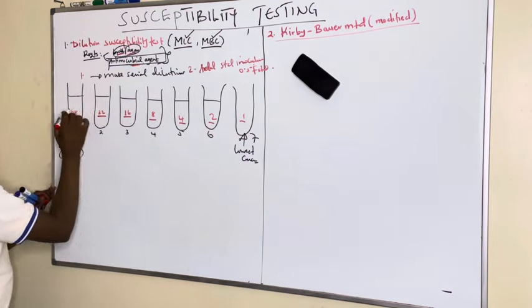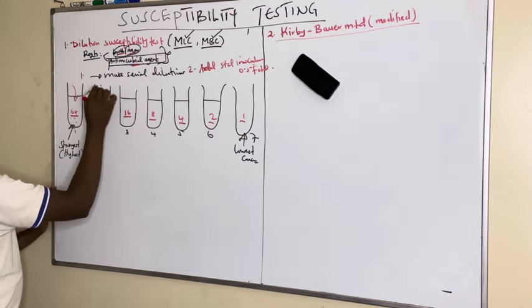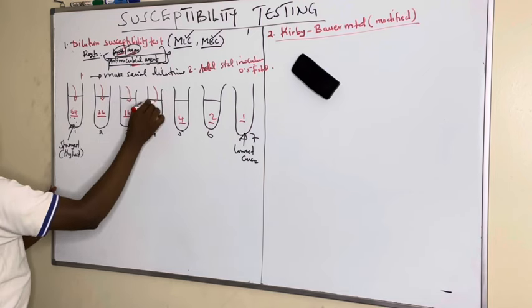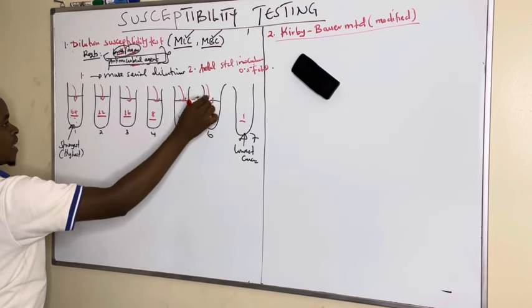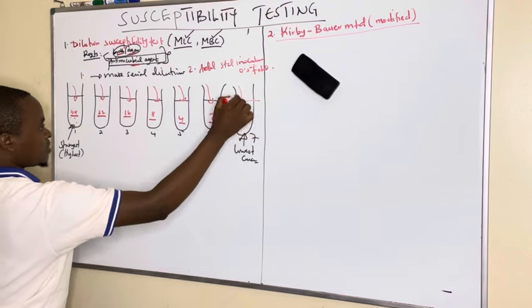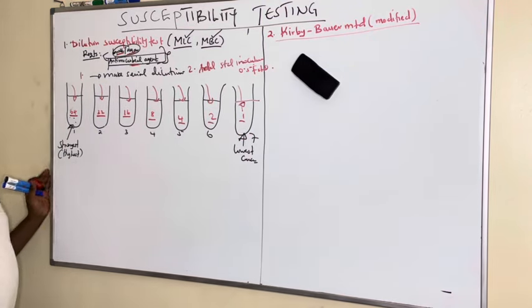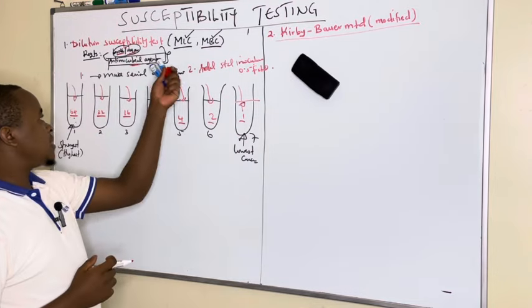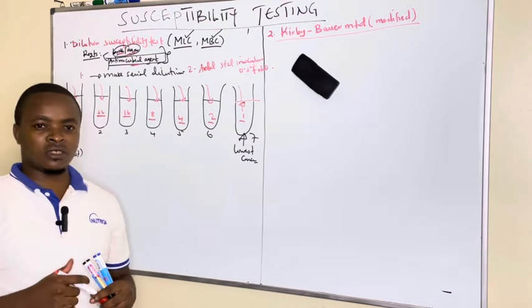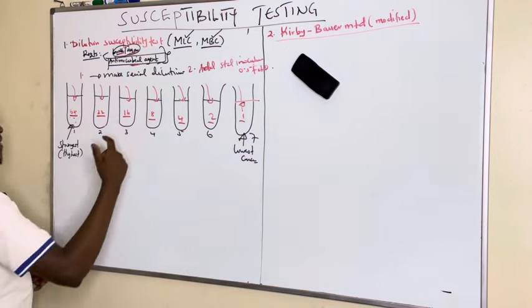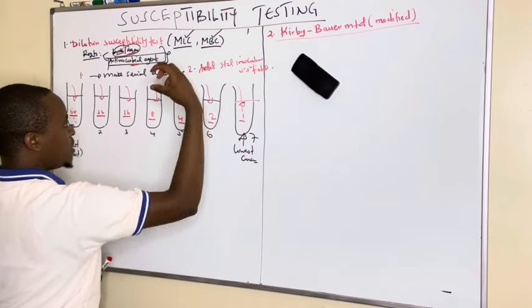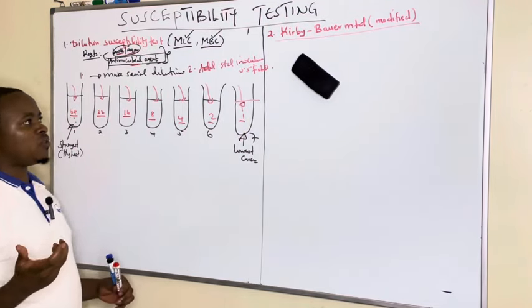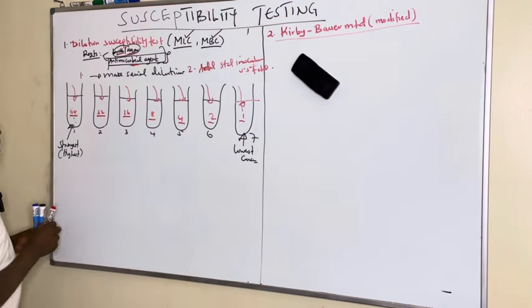We add the microorganism to each tube, the same amount of the microorganism in question, which we want to test its susceptibility against this known antimicrobial agent. After adding the same amount of standard inoculum, we incubate.